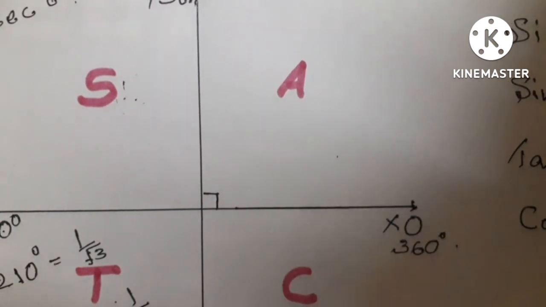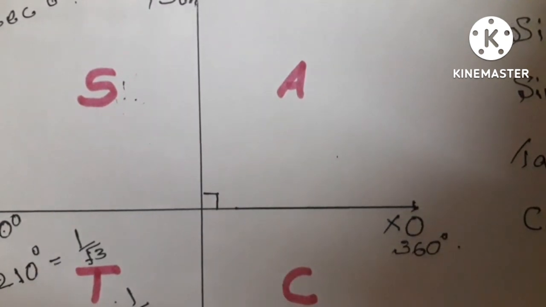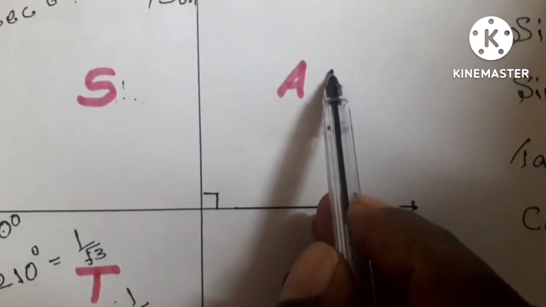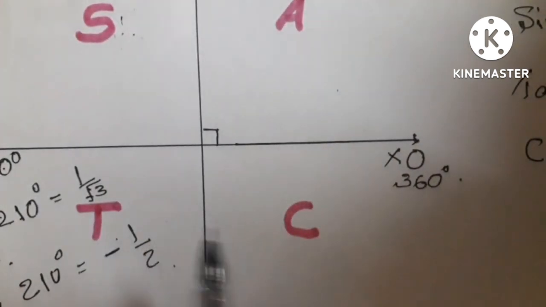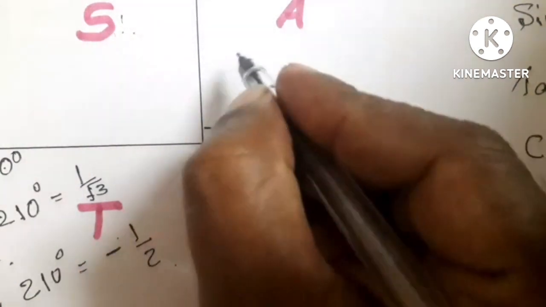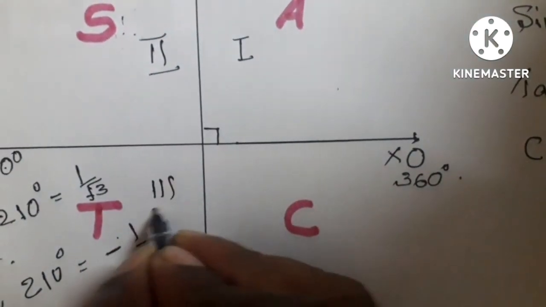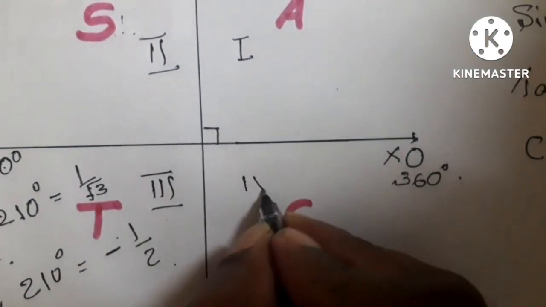In my previous video we know that the sine 30 value is equal to 1 by 2. Now this value may be positive or negative. This is the first quadrant, this is the second quadrant, this is the third quadrant, and this is the fourth quadrant.